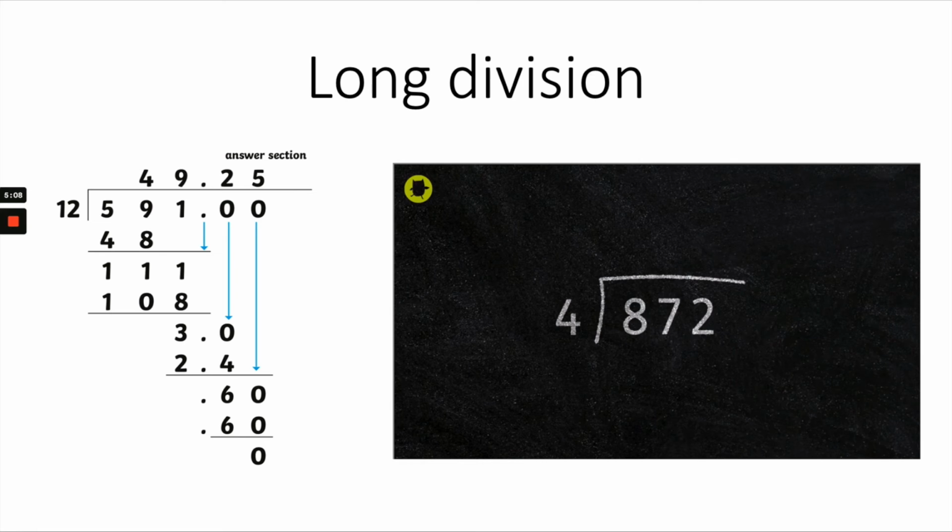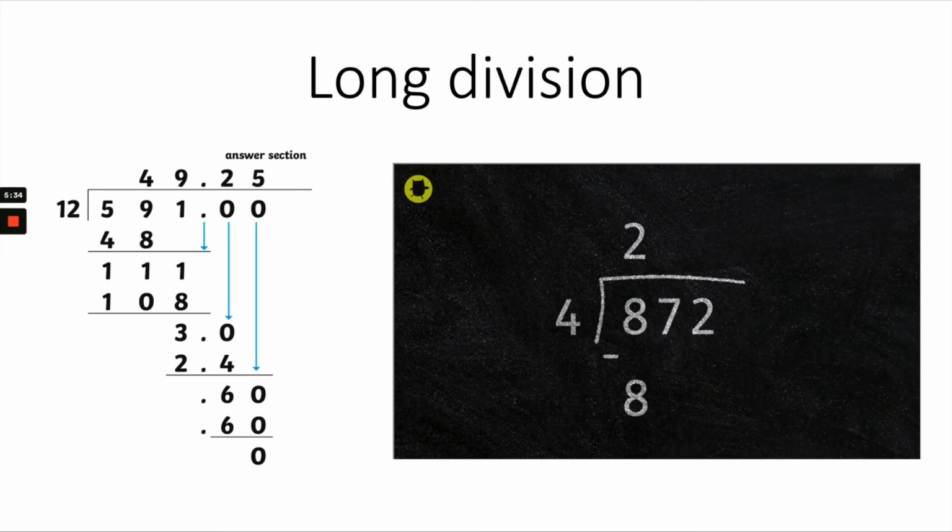The answer is 2, so we write the 2 above the 8. Then we ask, what is 2 multiplied by 4? The answer is 8, so we write 8 below the 8. Then we ask, what is 8 minus 8? The answer is 0, so we don't need to write anything.